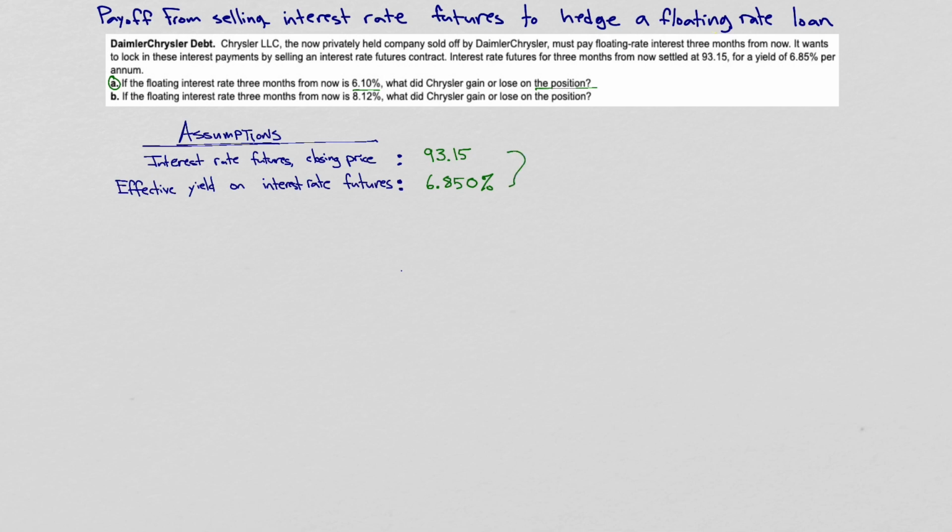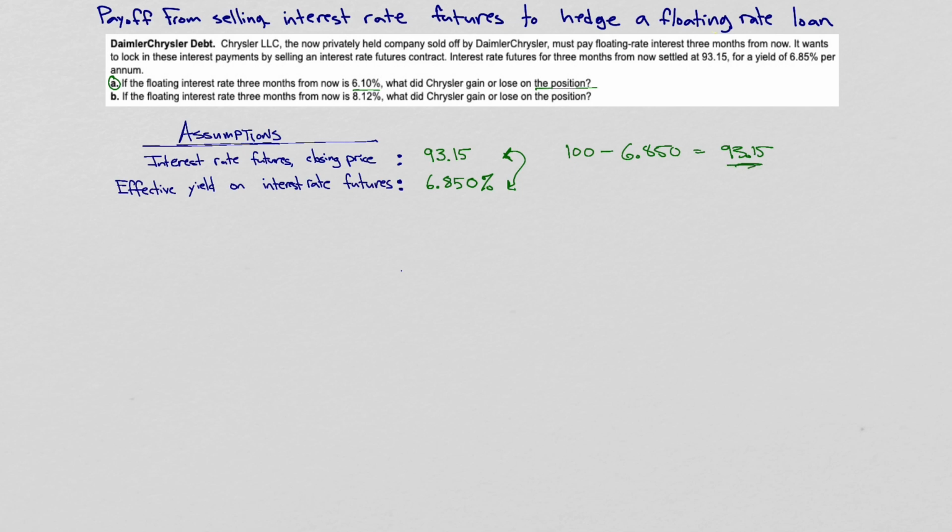And just as a side note here, the pricing of interest rate futures contracts is that if you take 100 minus the yield, you get the price. And so that's just how interest rate futures are priced.